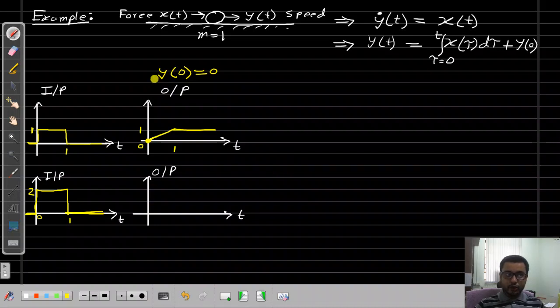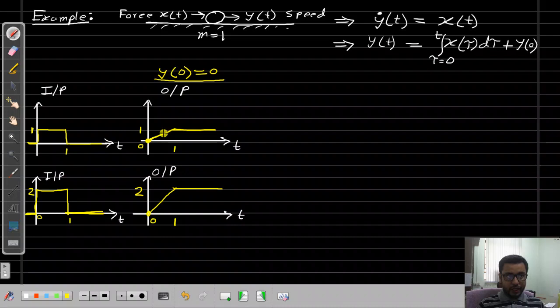Once again we are starting from the output y0 equal to 0, initial velocity equal to 0. So initial velocity is 0, then velocity will increase for 1 second and it will increase at a double rate because the force is double, and then it will become constant. So this is t equal to 1, t equal to 0, and here the final speed will be 2.